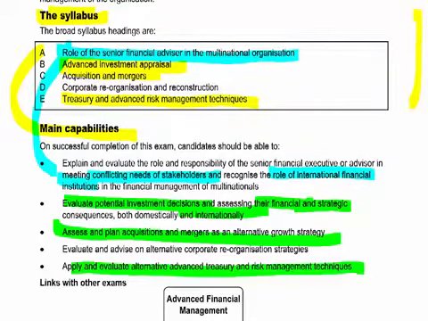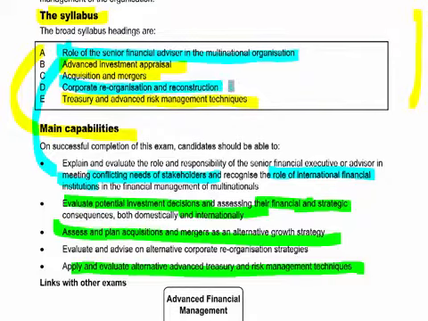So you're going to have to know, what does the IMF exist for? What's the function of the World Bank? And there are others too. So you have to have a good broad understanding of what you're trying to achieve as you manage a multinational business and the interest of different stakeholders that you're trying to balance off.